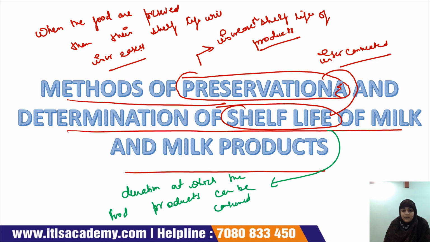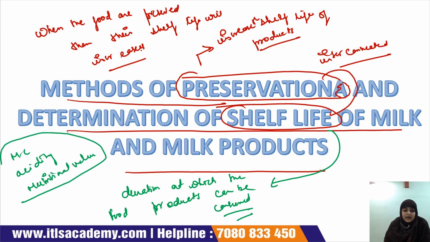It depends upon different factors, like moisture content, acidity, and nutritional value. All of these are factors which affect the shelf life of the food product, or here we can say the shelf life of milk and milk products.